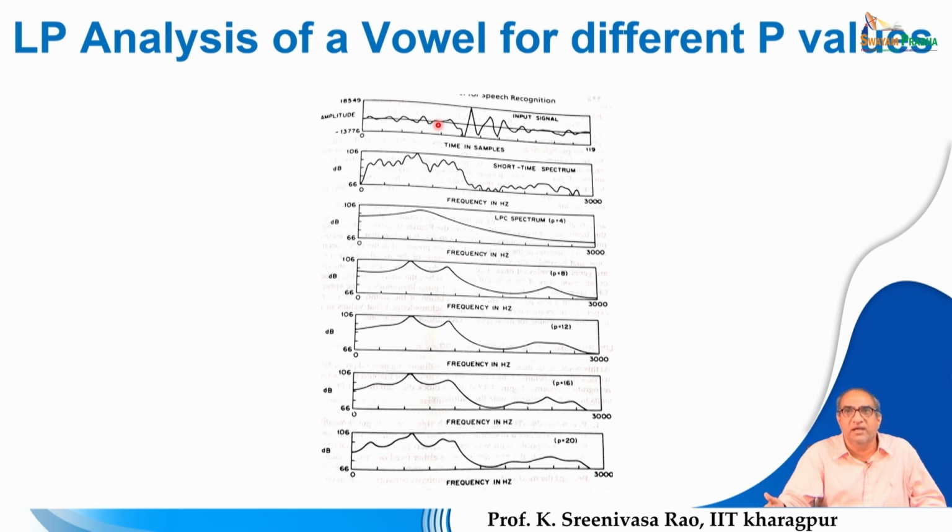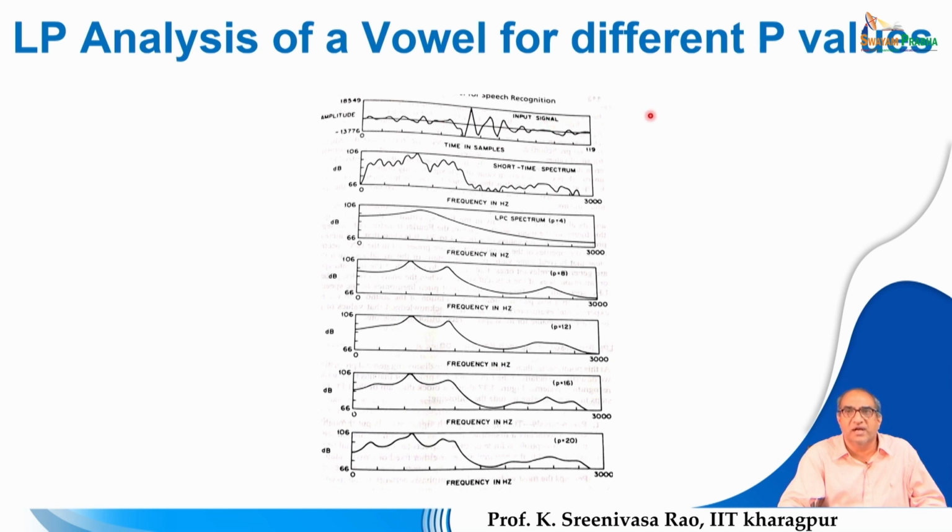We got that relation by taking the first order derivative of the error with respect to each prediction coefficient, and by solving those equations you get the ak's. So for a given speech frame you can compute the ak's, and the number of ak's depends upon the prediction order we have chosen, right?